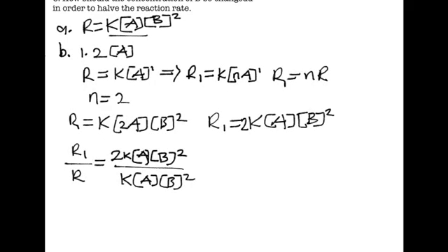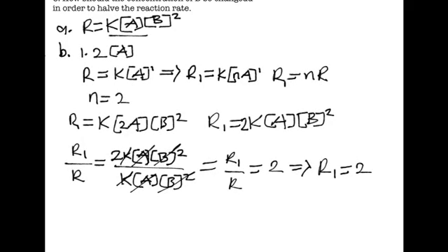So what is going to happen? This cancels out this, as well as this cancels out this, and the K also cancels out. What is going to be left is R1 over R being equal to 2. Now we are looking for R1, so this implies that R1 is equal to 2 times R.